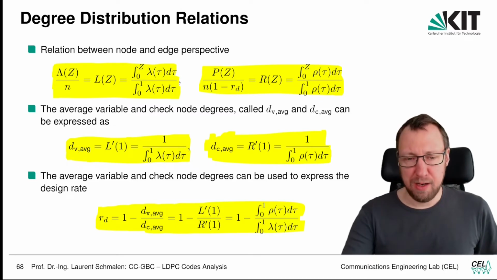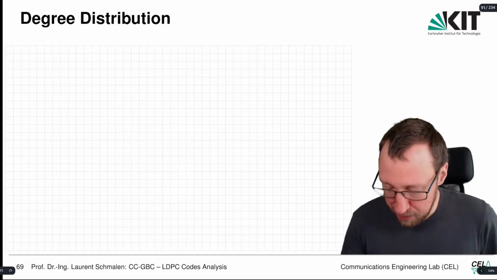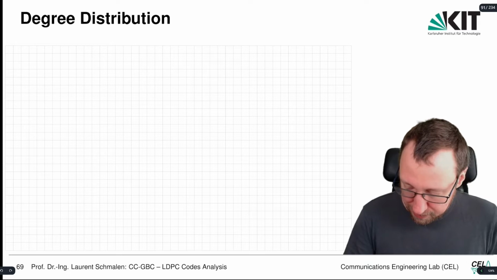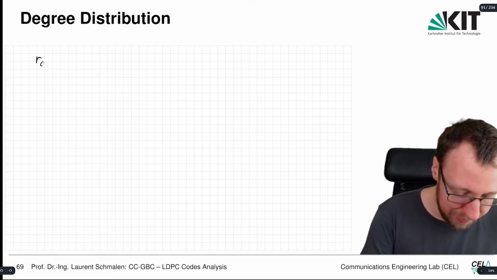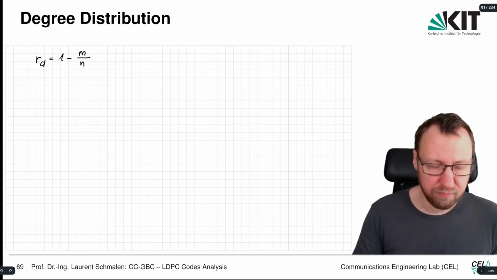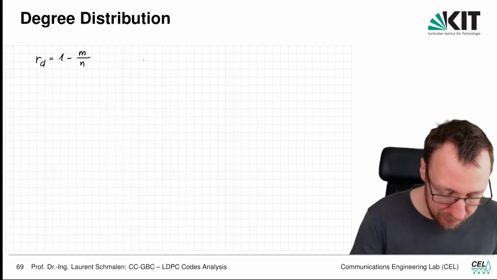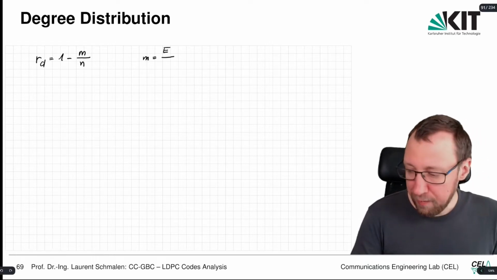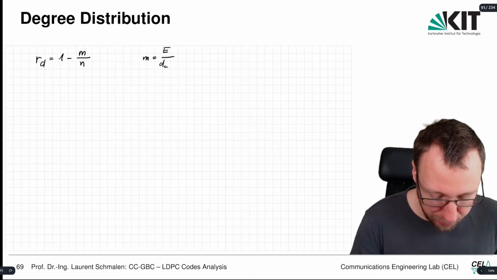So let's take a look at what this means in particular. So we have the design rate, or how we get there. The design rate RD is equal to 1 minus m over n. So what is m? M is the number of edges divided by the average check node degree.